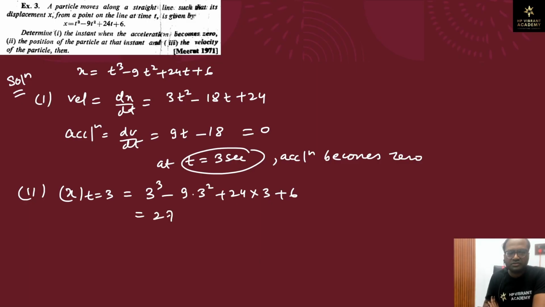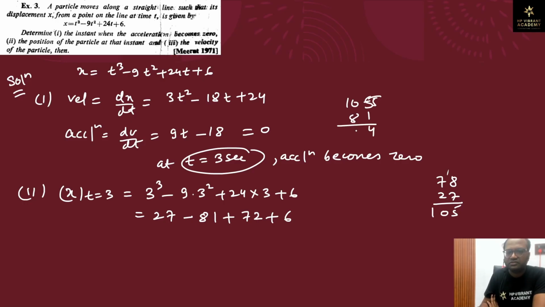This is equal to 27 minus 81 plus 24 into 3, 72, plus 6. So this is 78 plus 27, that is 105, minus 81. This is 24 units. Okay, so the position at t is equal to 3 is 24 units.